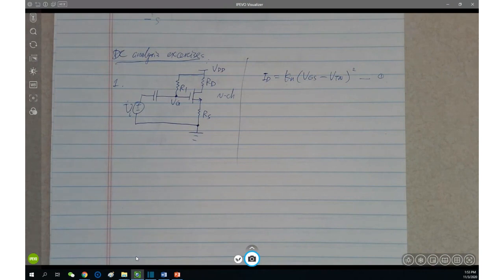Of course, feel free to draw the DC circuit first, because this is not exclusively a DC circuit yet. From the DC circuit, you go ahead and get more equations. 3 minutes, go ahead.